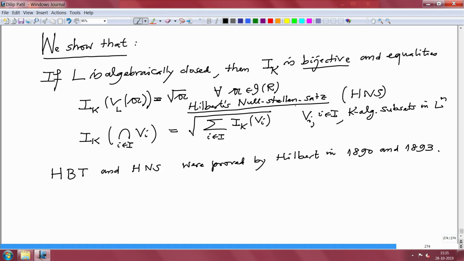And this Hilbert Nullstellensatz is the beginning of modern algebraic geometry. And as I said earlier, HBT was proved by Hilbert to prove the existence of some invariants. This was also very important at that time, and that was the reason he proved it.